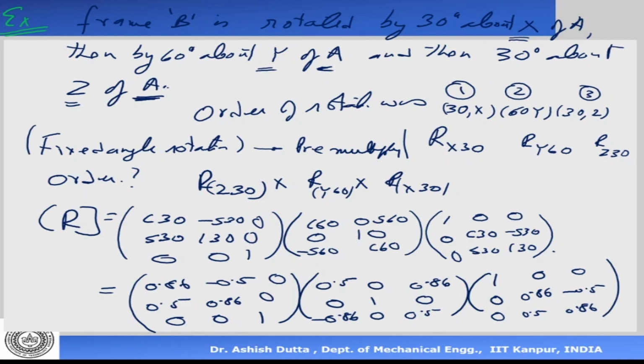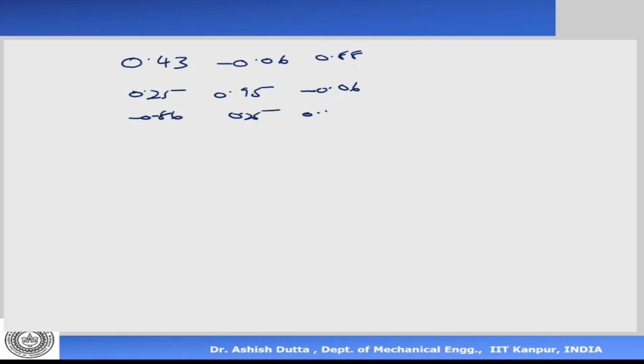Now if you multiply it out, the combined matrix comes out to be 0.43, minus 0.06, 0.88; 0.25, 0.95, minus 0.06; minus 0.86, 0.25, 0.43. This is the combined rotation matrix.